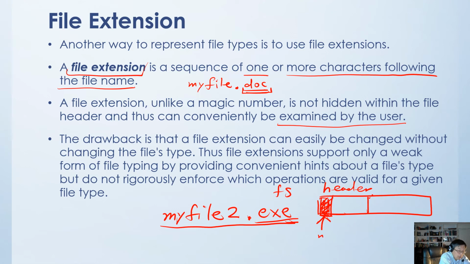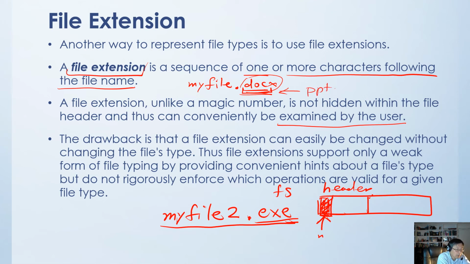If the magic number says this is a Microsoft Word file, then the file extension should match it, using DOC or DOCX. But for some reason, the user may accidentally change the extension from DOC to something like Excel or PowerPoint.